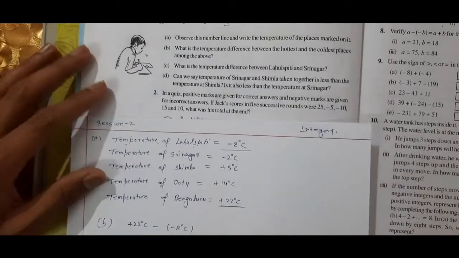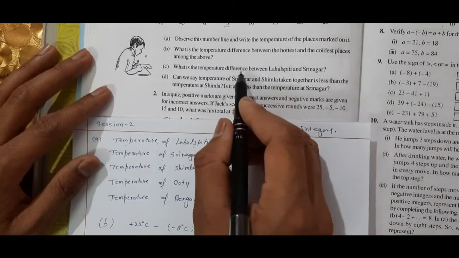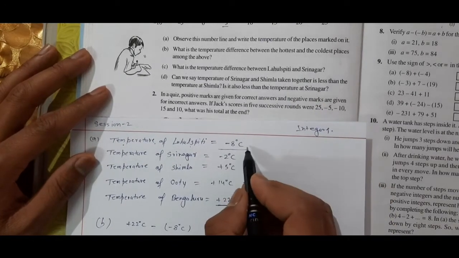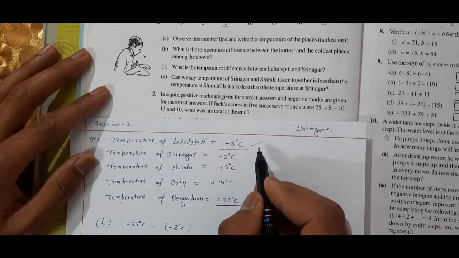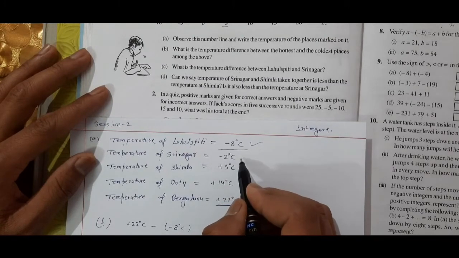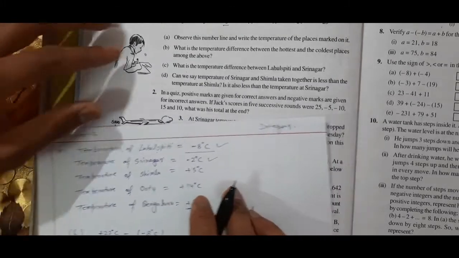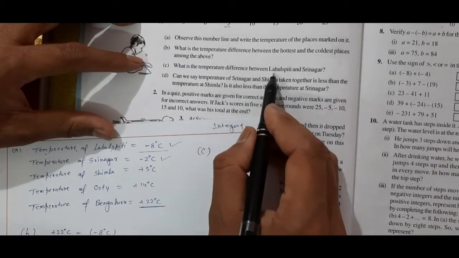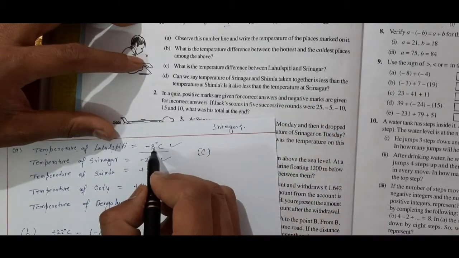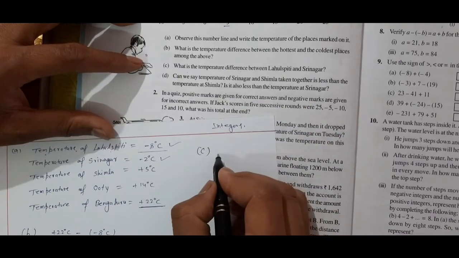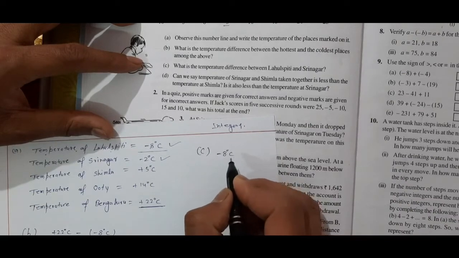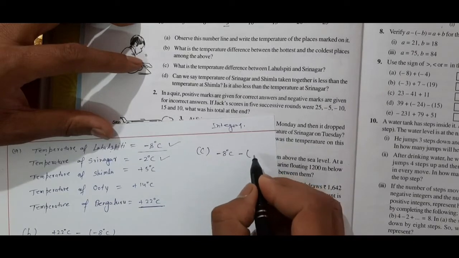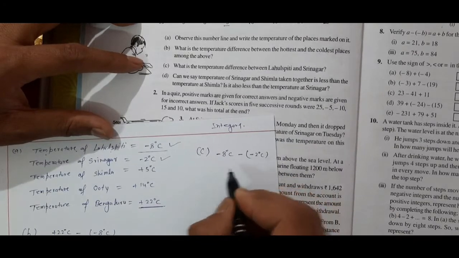Now, come to the question C. What is the temperature difference between Lahaul Spiti and Srinagar? Here we can see the temperature of Lahaul Spiti is -8 degree Celsius and the temperature of Srinagar is -2 degree Celsius. Then the difference between Lahaul Spiti and Srinagar. So the temperature of Lahaul Spiti is -8 degree Celsius, and difference means we have to subtract -2 degree Celsius.